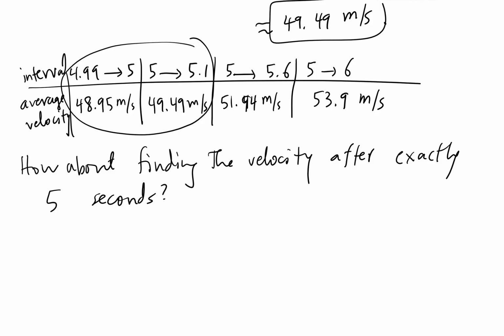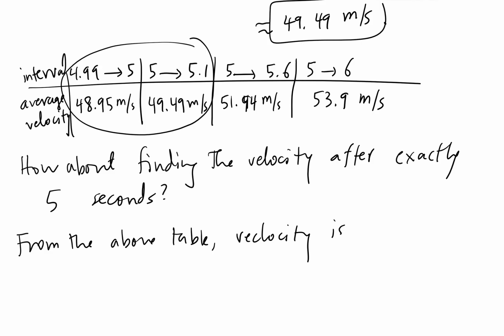When we went a little bit above 5, to 5.1, it was 49.49. From the table above, we can guess the velocity is 49 meters per second at 5 seconds.